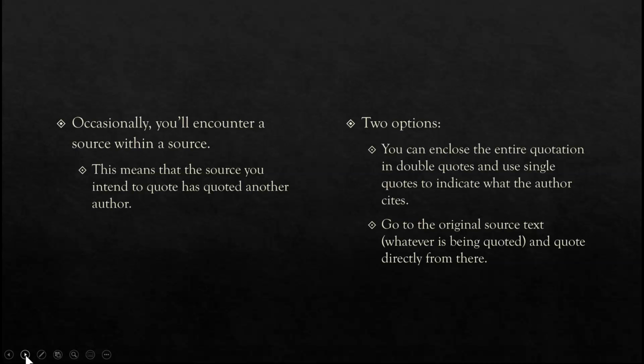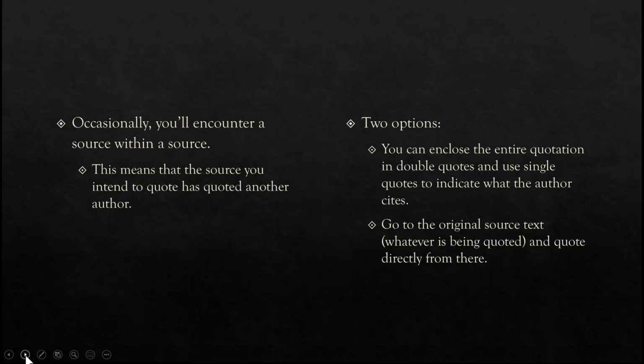The second option you have is to go to the original source text or whatever's being quoted and quote directly from there. I personally encourage the second option in a longer research paper, a planned research paper, I should say, or planned synthesis essay, just because it's always better to hear it straight from the horse's mouth, which is a weird English expression, but nonetheless it exists.